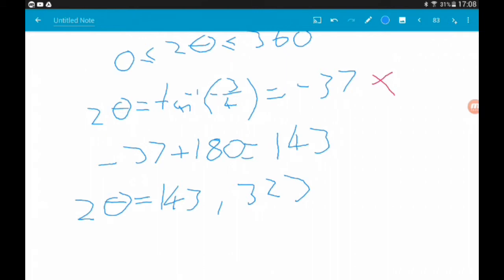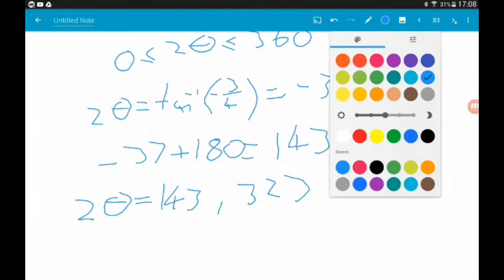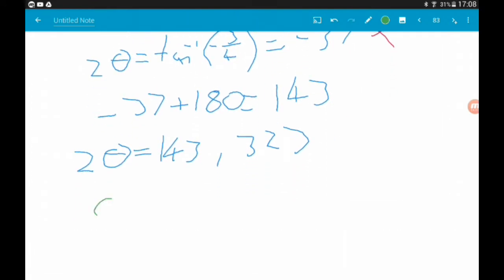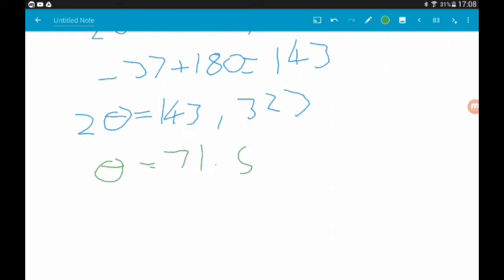Now from that, we can get our two values of theta by dividing by 2. 143 divided by 2 is 71.5, but we wanted this to the nearest degree, so that is actually going to be 72.